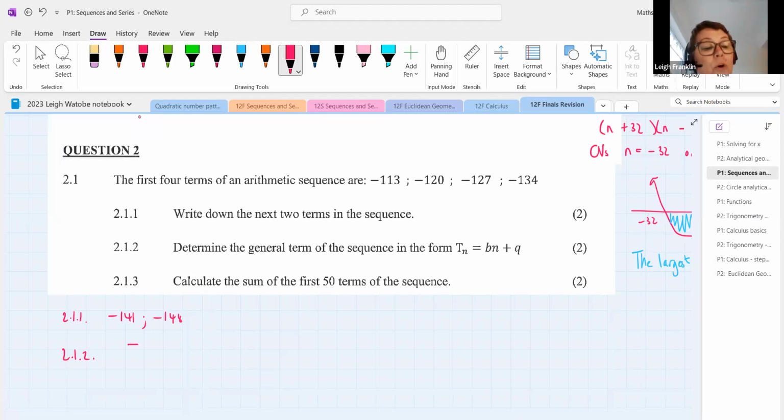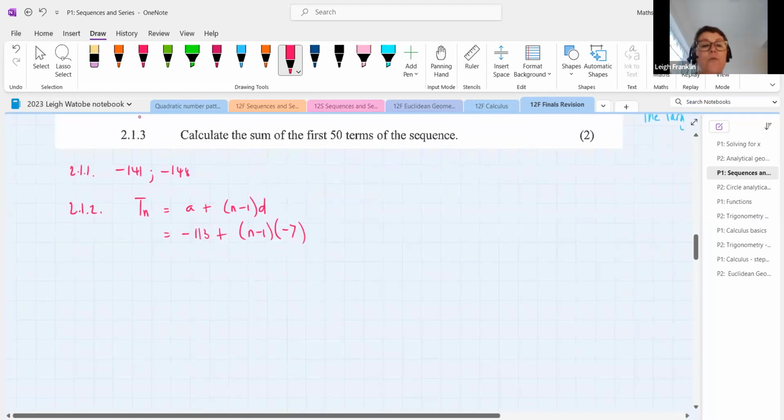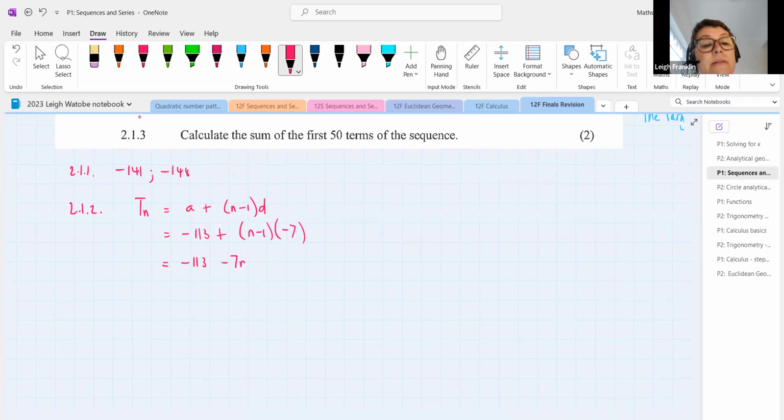Now in 2.1.2, we've got Tn equals a plus n minus 1 d. So a is equal to -113 plus n minus 1, and your difference is -7. All right, so expanding your brackets, you'd get -113 minus 7n plus 7.